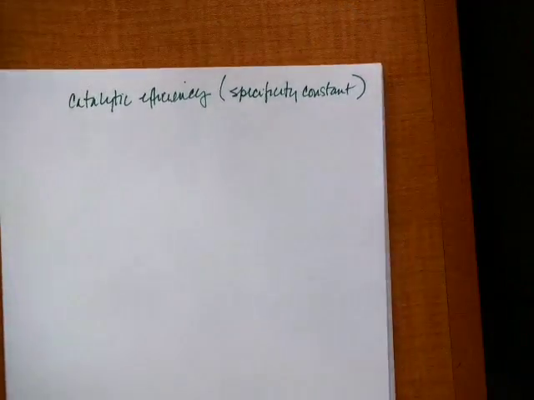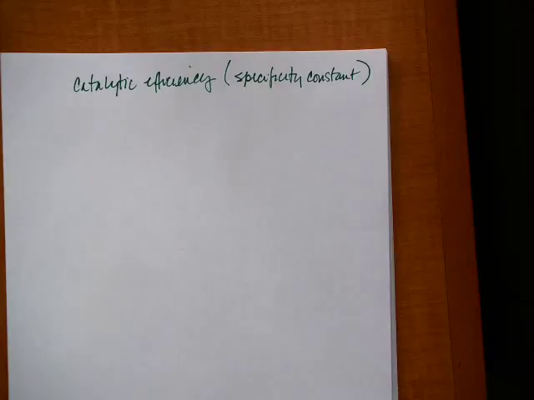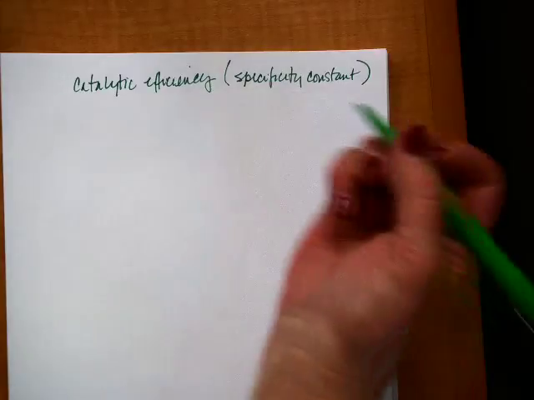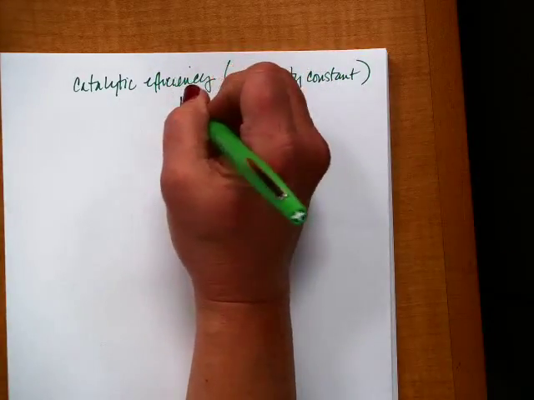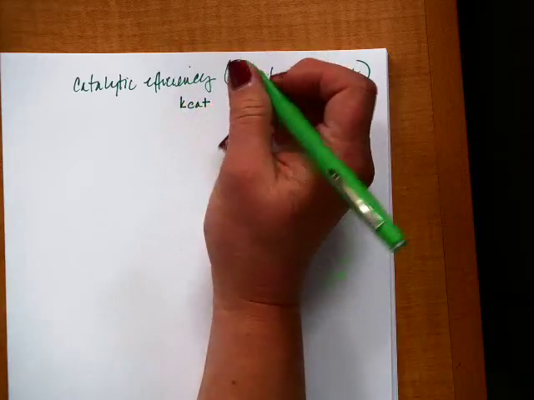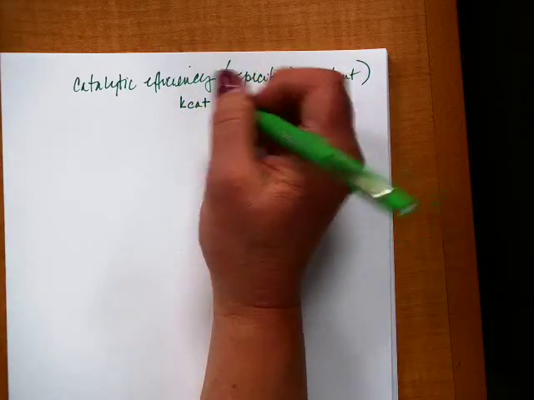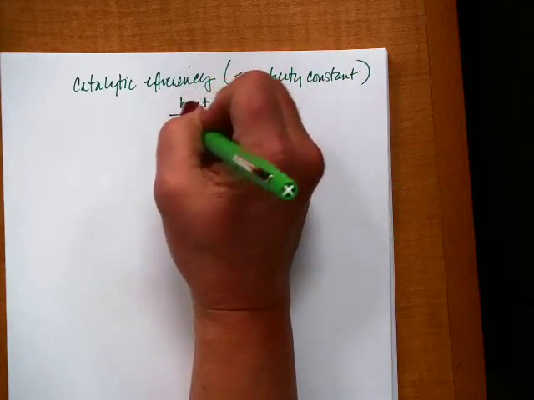You know, usually enzymes are pretty specific, but there's some that get a little loose. And so the looser they are, the less efficient they are. But this is calculated by kcat, which is the turnover number, divided by the Km.